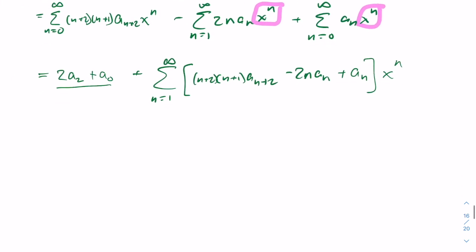Okay, so this equals 0. Now, what I have here is a power series. All of this stuff equals 0.